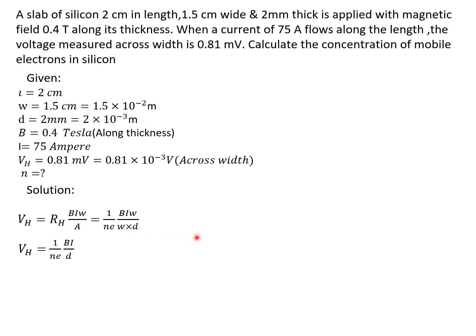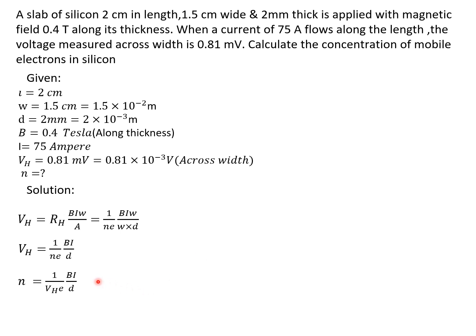And finally VH will be equal to 1 upon NE into BI upon D. Now as we want to calculate N, we will rearrange this equation. N is equal to 1 upon VH into E, BI upon D.